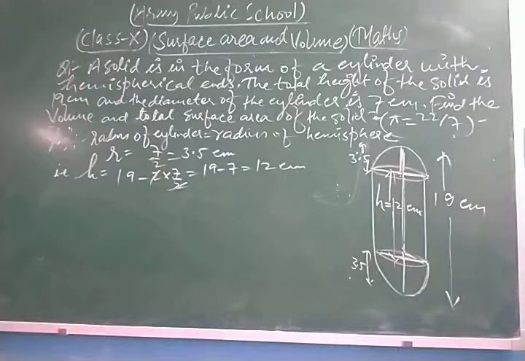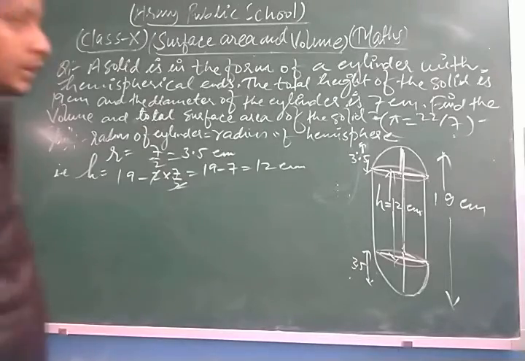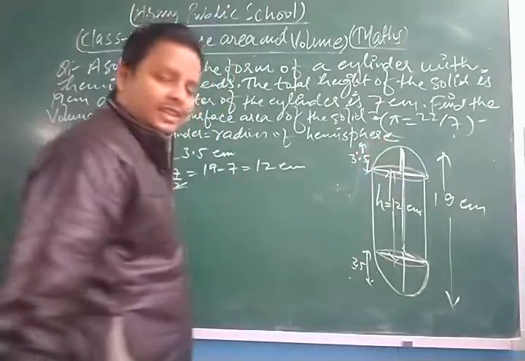Now we find the volume and total surface area of the solid. First, the volume is the volume of the cylinder plus 2 into the volume of each hemisphere.